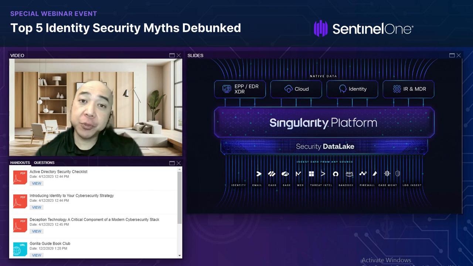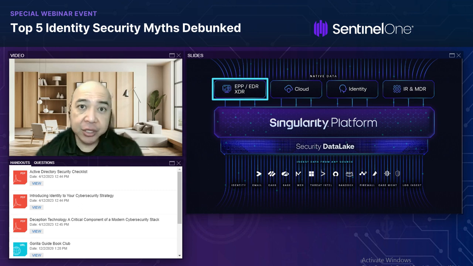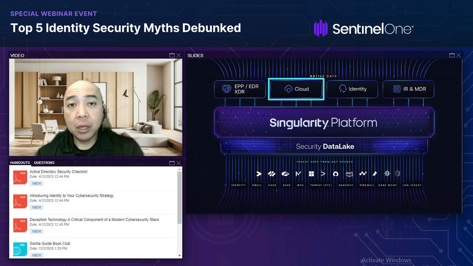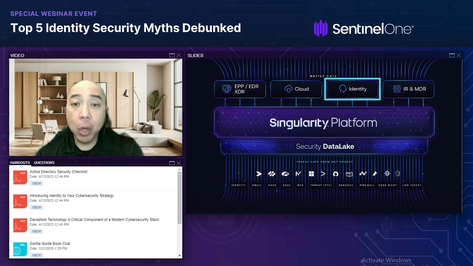So from a platform perspective, right, we've got our market-leading EPP, XDR, and EDR solutions, right? We are known for autonomous detection, autonomous response. We also have our cloud offering, which is to defend any cloud environment, any cloud workload at any time. And we're one of the few platforms that has identity as a native component to the solution.